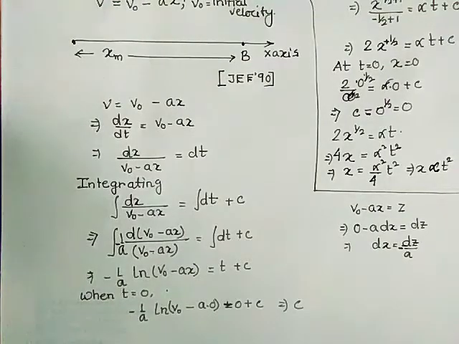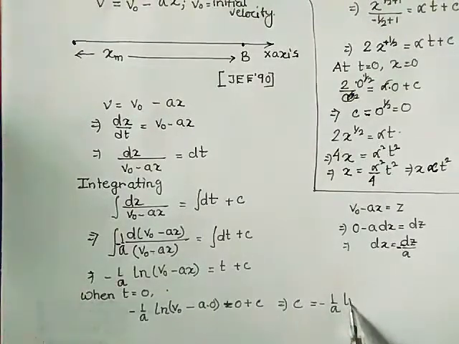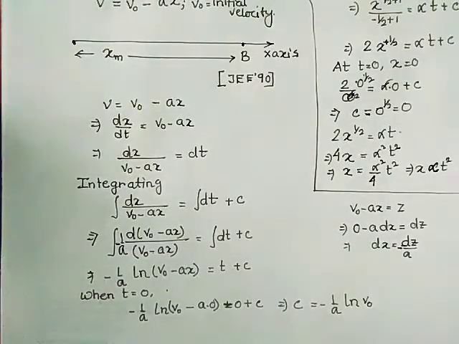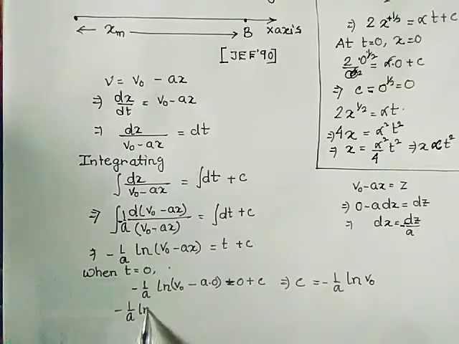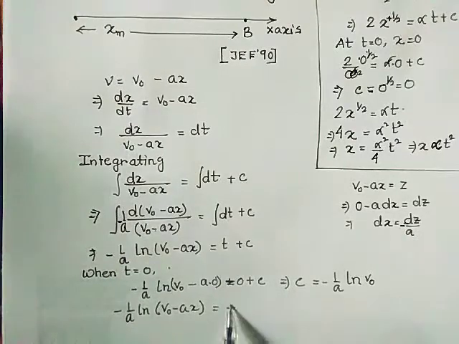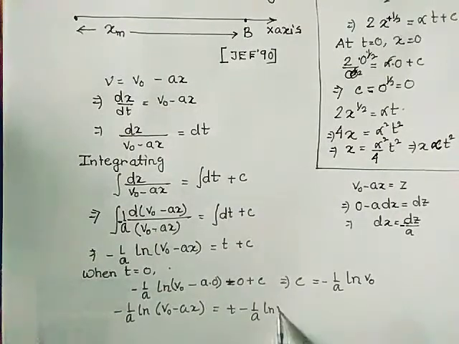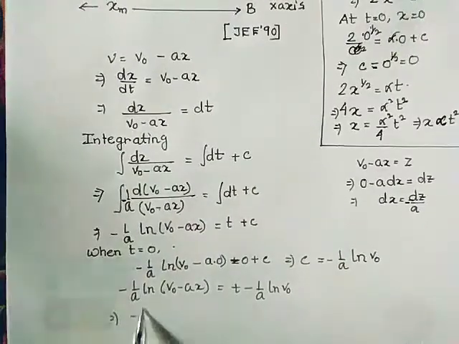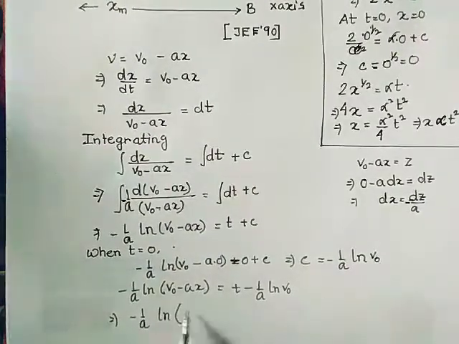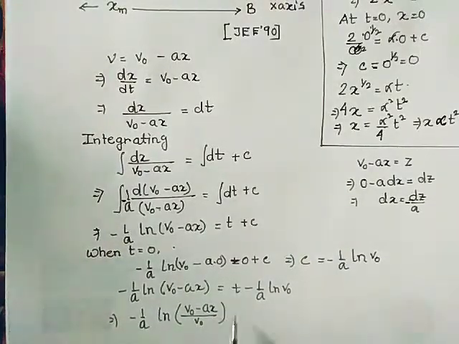So from here c equals minus 1 by a ln v naught. If I substitute this in this equation, it becomes minus 1 by a ln of v naught minus ax equals t minus 1 by a ln v naught. Taking it to this side, it becomes minus 1 by a ln of v naught minus ax divided by v naught equal to t.